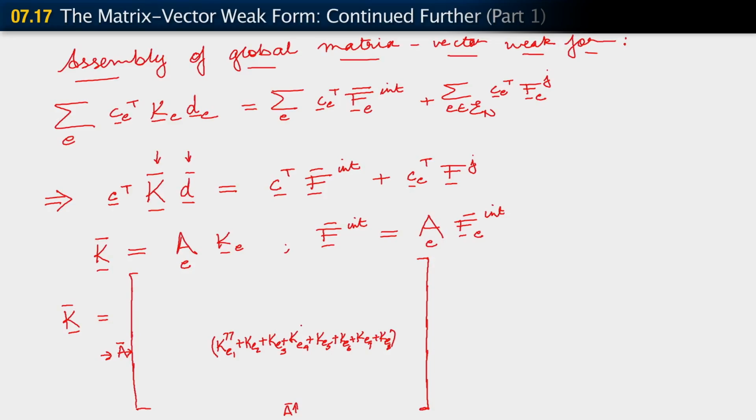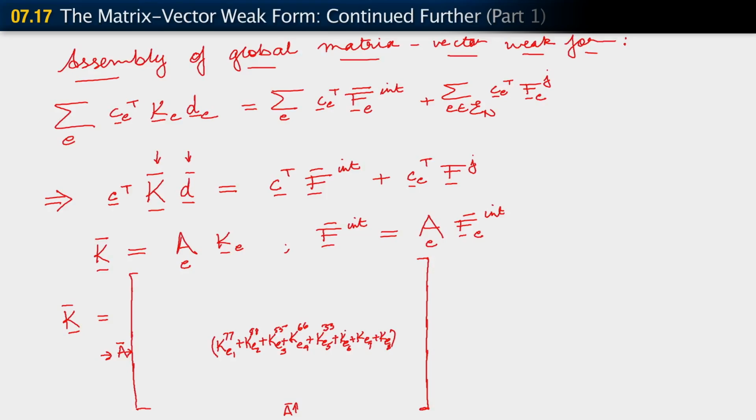Okay, for E2 it would be K_E2 8 8. For E3 it would be K_E3 5 5. For E4 it would be 6 6. For E5 it would be 3 3.